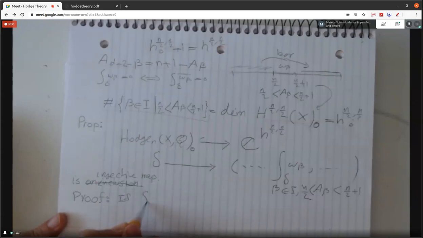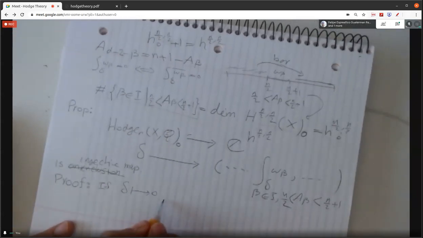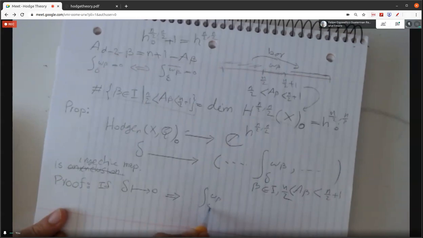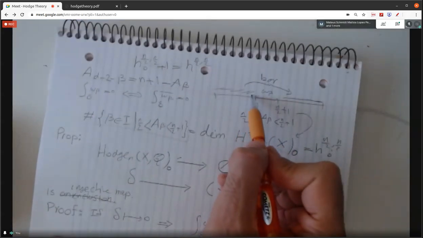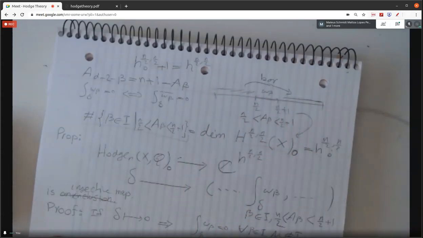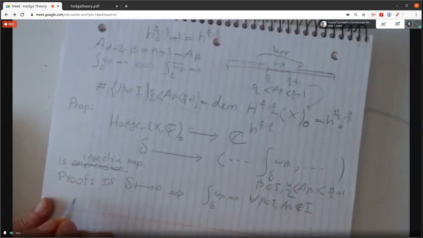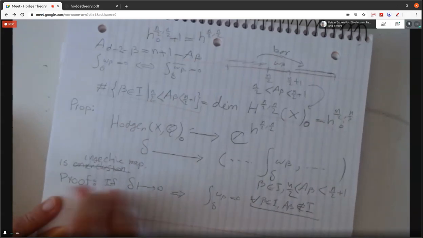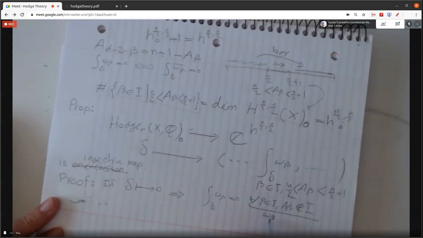So if delta goes to 0, if delta under this map goes to 0, then this means that the integral of omega beta over delta is 0 for all beta in I, beta not integer, and so this means that my integral is 0 for all these guys, and even the middle one.